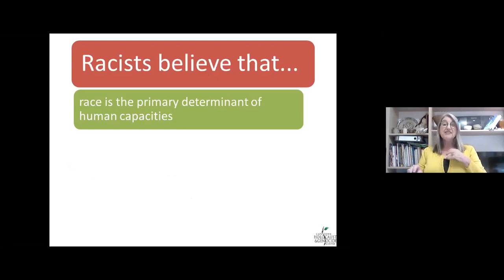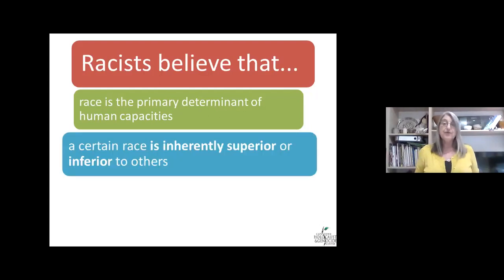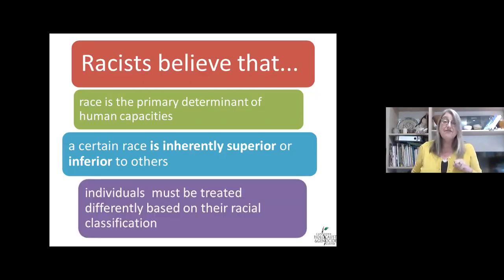Racists believe that their group is superior, better than, and can do more than the other group. They believe that a certain race is inherently, inside, superior to the other race. So one race is superior, one race is inferior.